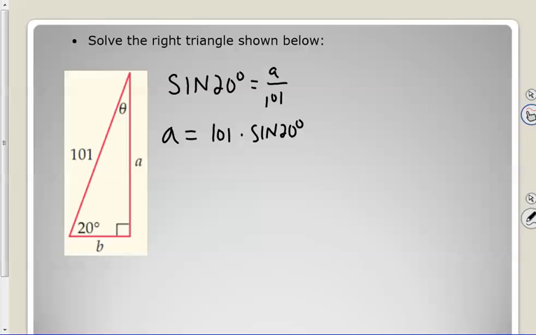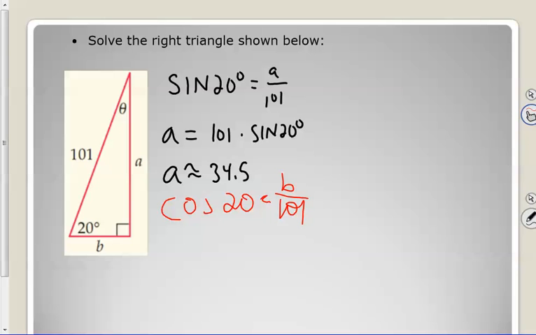So let's go ahead and calculate that real quick. And I get A is equal to 34.5. All right. Now let's go ahead and I'm going to use cosine because I can get B now. I'm going to go cosine of 20 degrees is equal to B over 101.